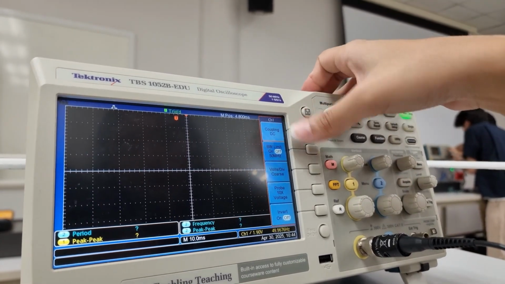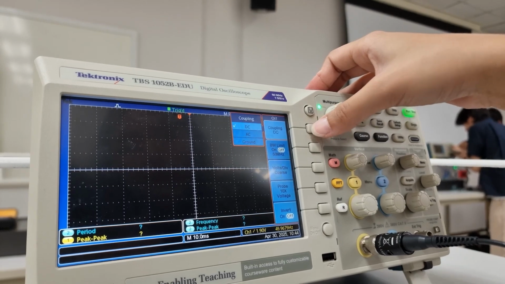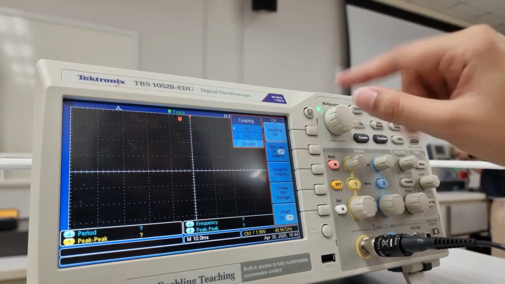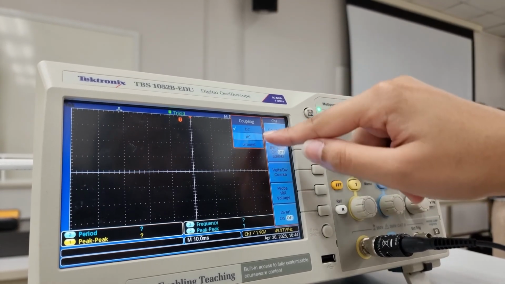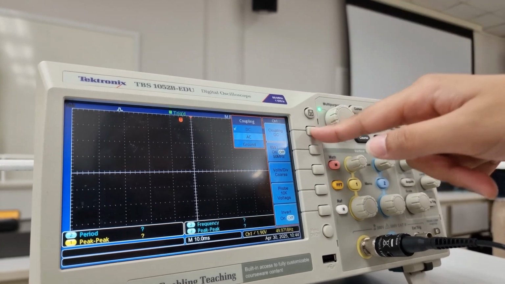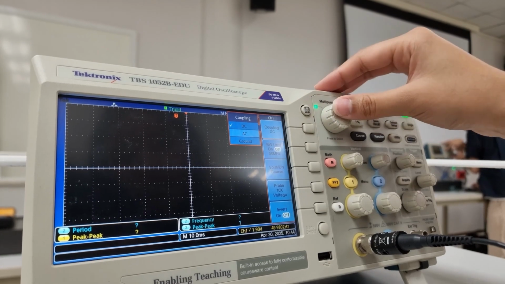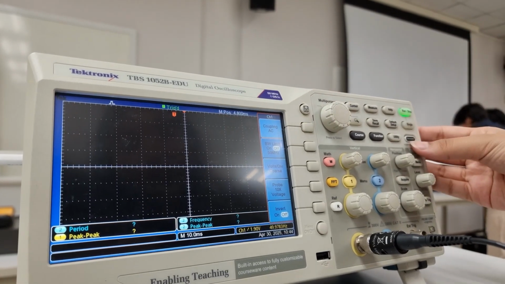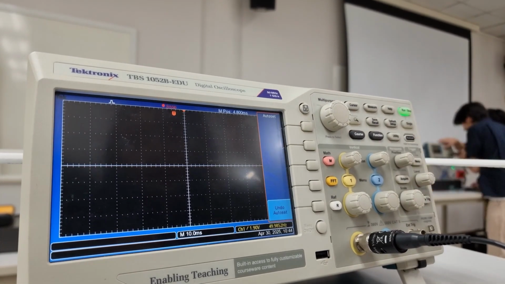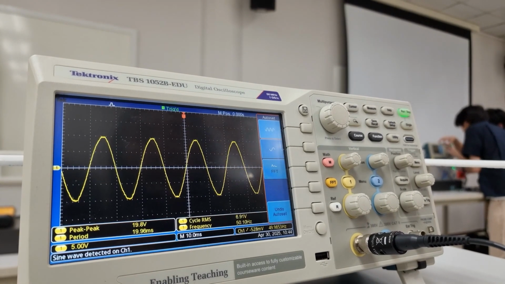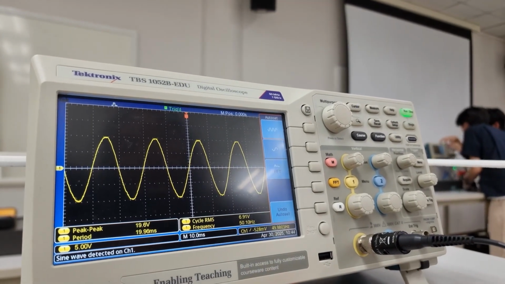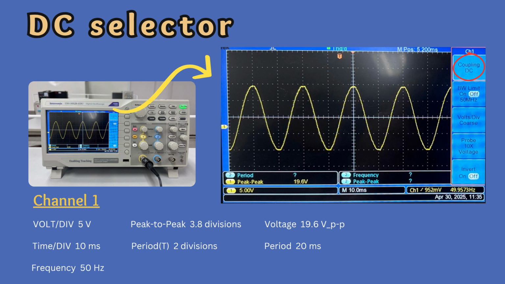First channel, click the top one, adjust it AC coupling, click it. Oh, oops, try again. Actually, just click the multi-purpose auto set. And here is the AC coupling waveform of DC coupling.